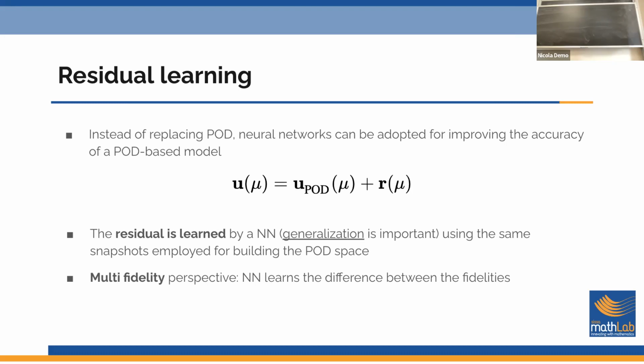So typically, in a POD model, you have this equation: your high-fidelity solution is equal to the POD one, except for a minimal error that you introduce due to the simplification. Of course, if this residual is quite small, you can basically neglect it, and in the whole POD framework, you do that.